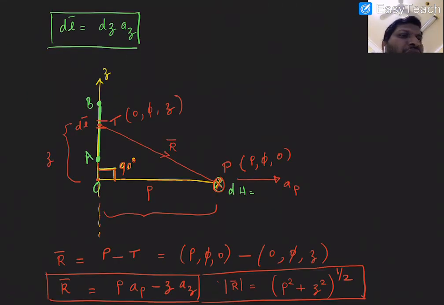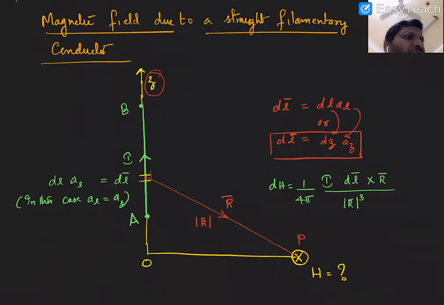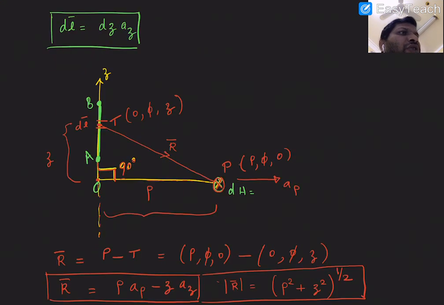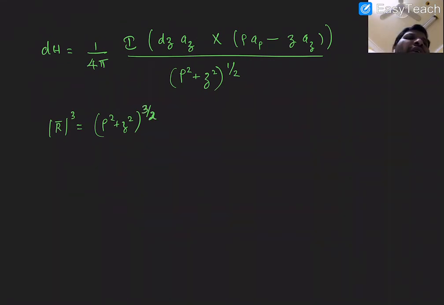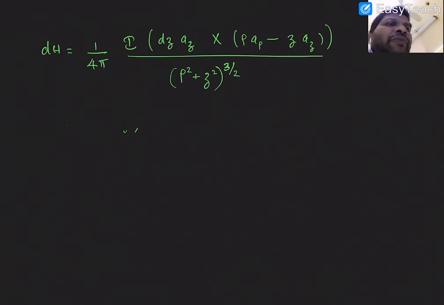But in the formula it is whole power 3, so we have to take the power of 3 also. So this becomes rho square plus z square whole power 3 by 2. I hope it is clear.